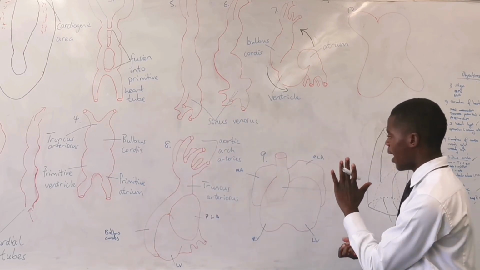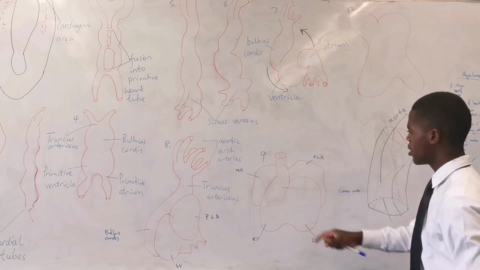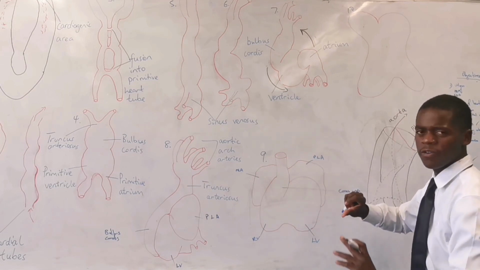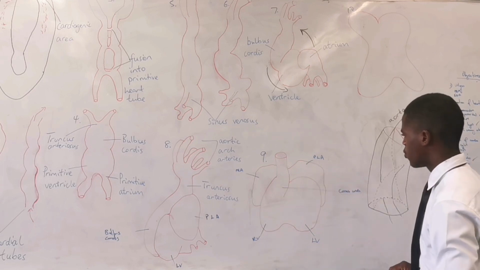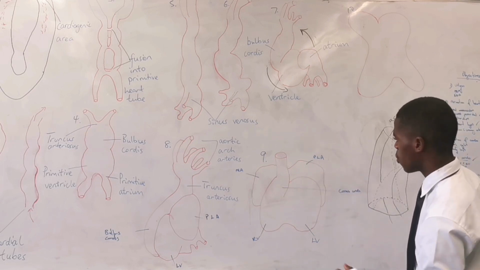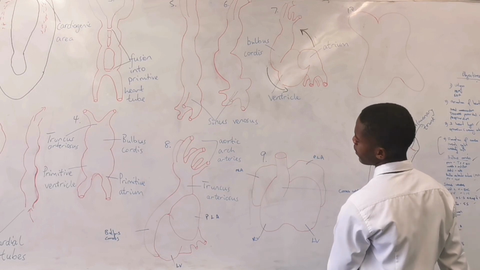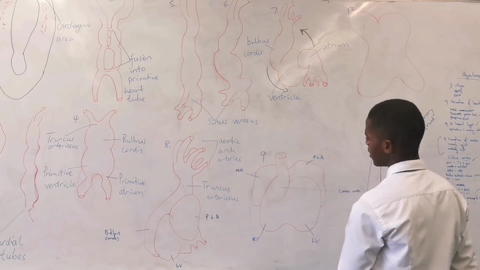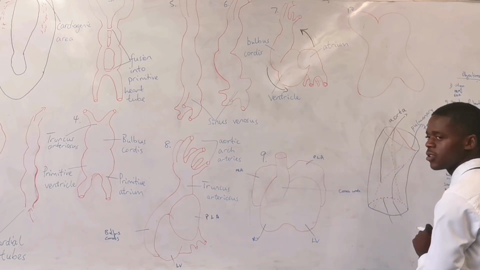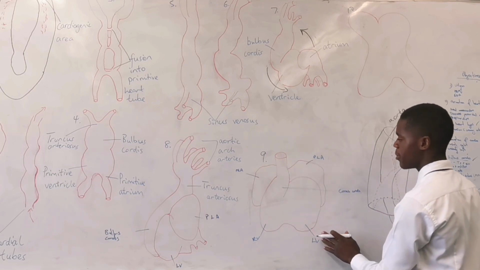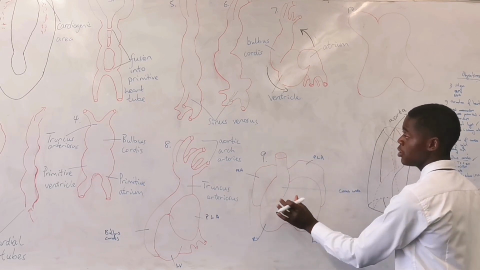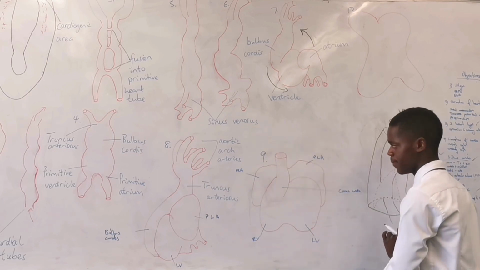Now, if we look anteriorly, we are now forming the form of the heart that we all know. So from this, to familiarize ourselves, we can now say that this is the primitive right atrium, this is the primitive left atrium. This is the primitive right ventricle, this is the primitive left ventricle. And then this is the conus cordis. Very good.